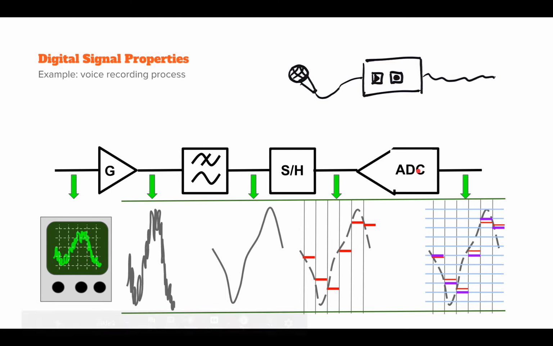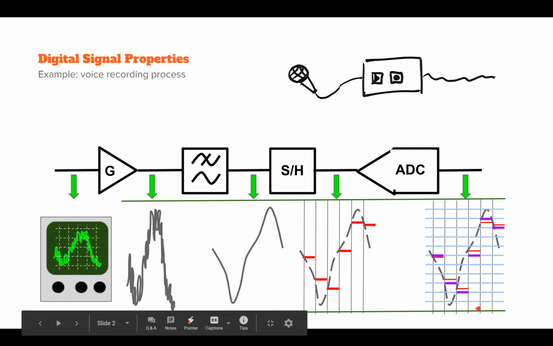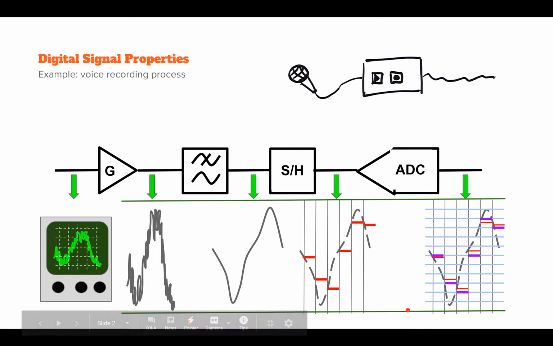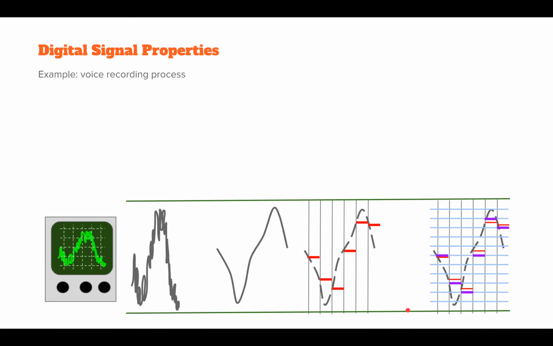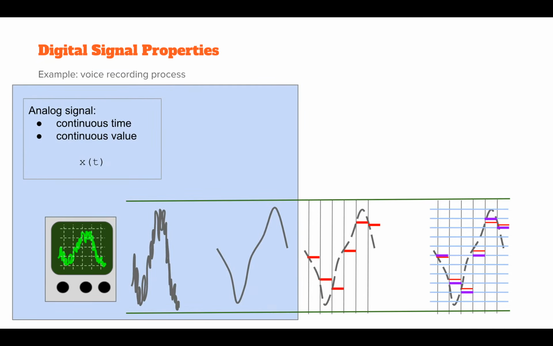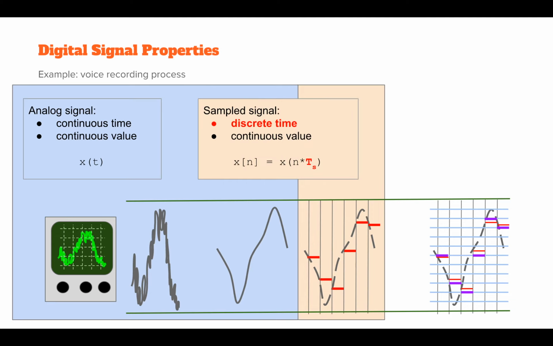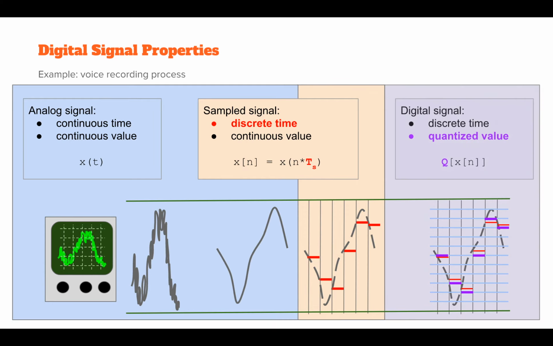So after the A to D converter you have the sampled signal at a certain bit representation. So we start with the analog signal, which is continuous in time and continuous in value. Then the sampled signal, which is discrete time but still continuous in value. And finally the digital signal, it's discrete time and quantized value.